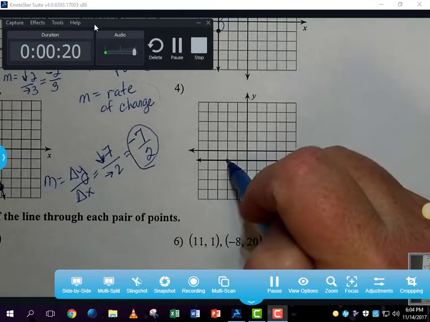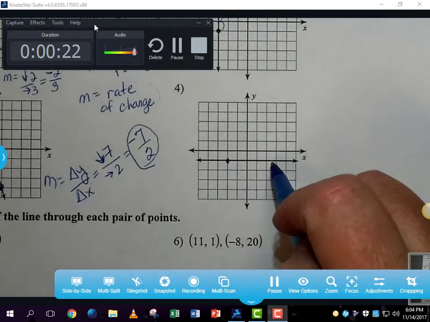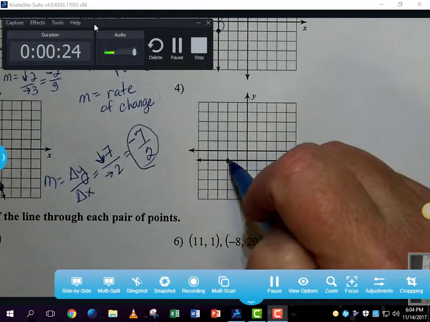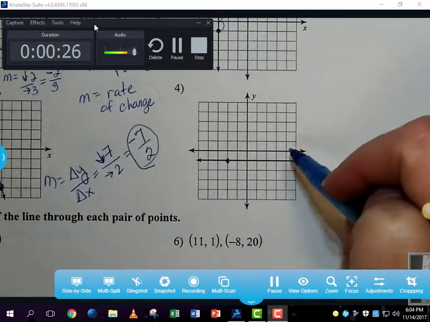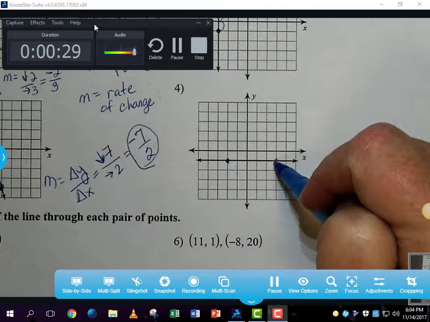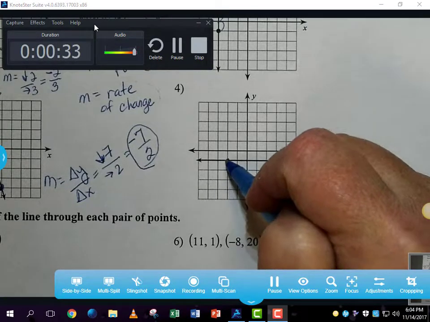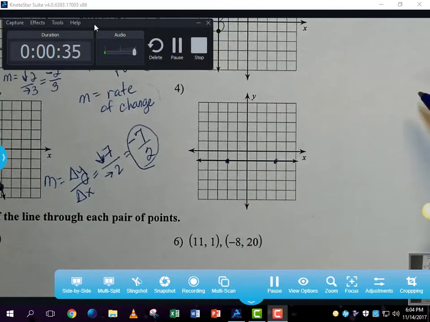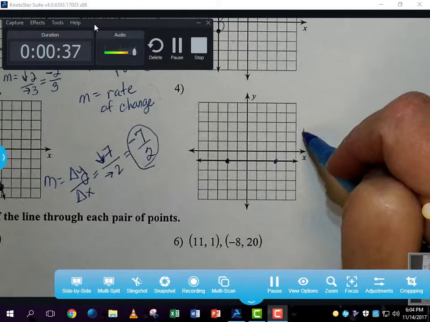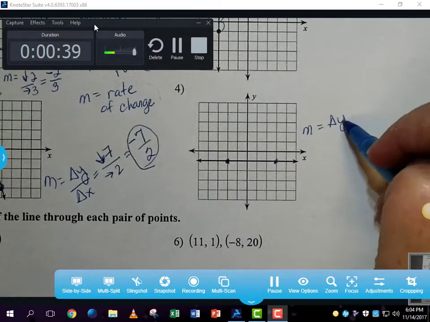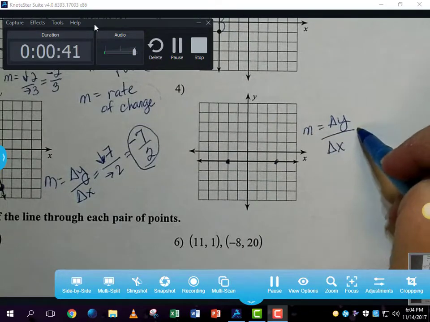Okay, we were working on number 4. If there are not points, what we're going to do is add points. So I'm going to put a point here, and I can add the points anywhere as long as they are crossing the grid lines in an exact spot. If I do this one, I know that slope is the change in y over the change in x.